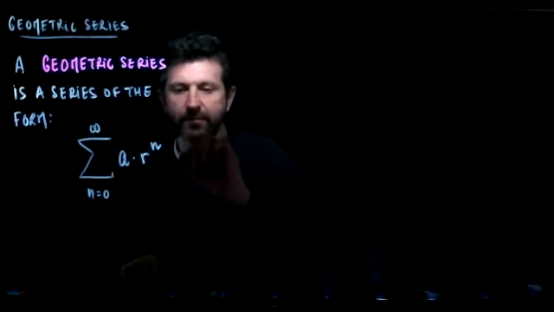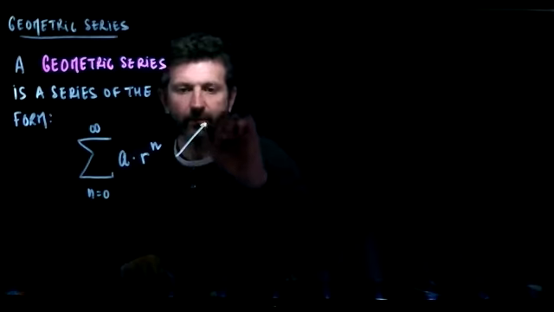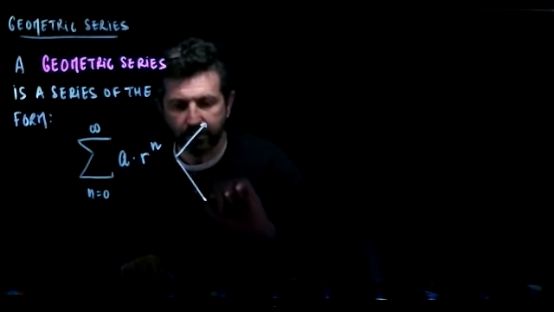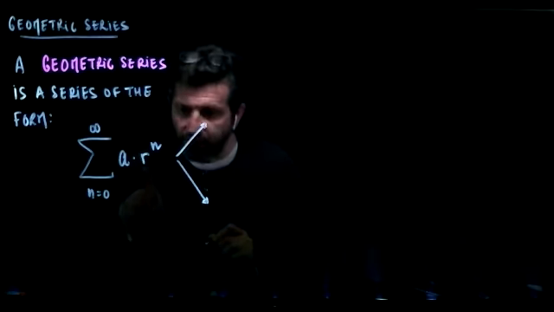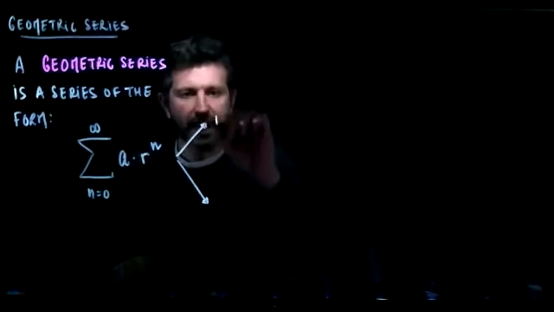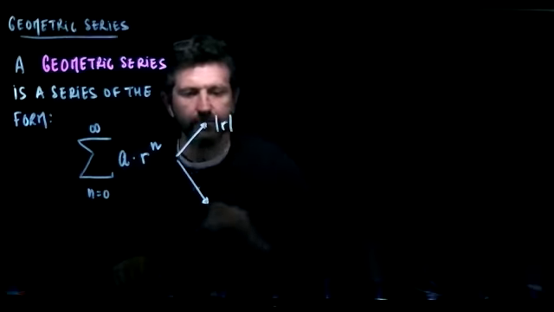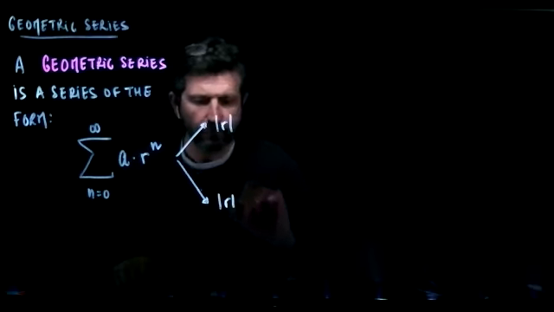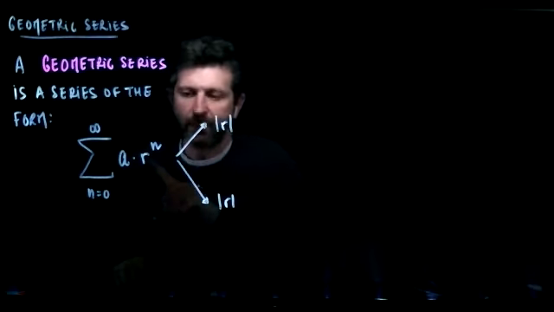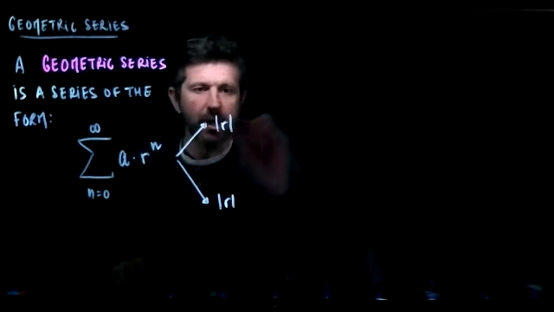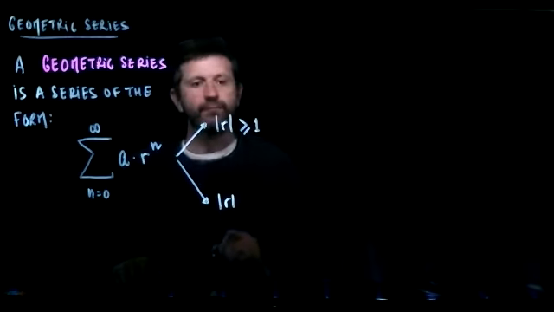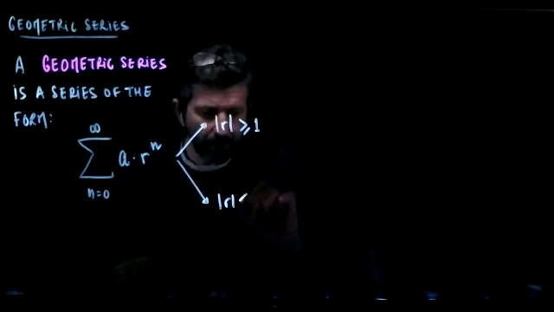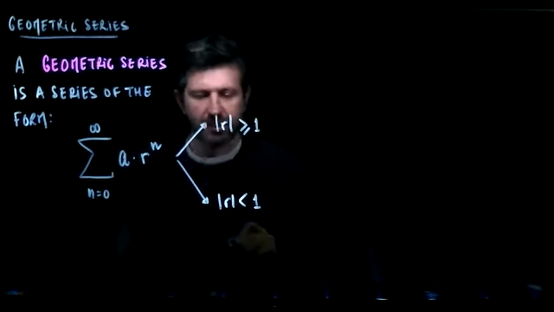And this series, so there's two things. To decide if it converges or diverges, you look at your r and find the absolute value of r. If the absolute value of r is greater than or equal to 1, or if the absolute value of r is less than 1.